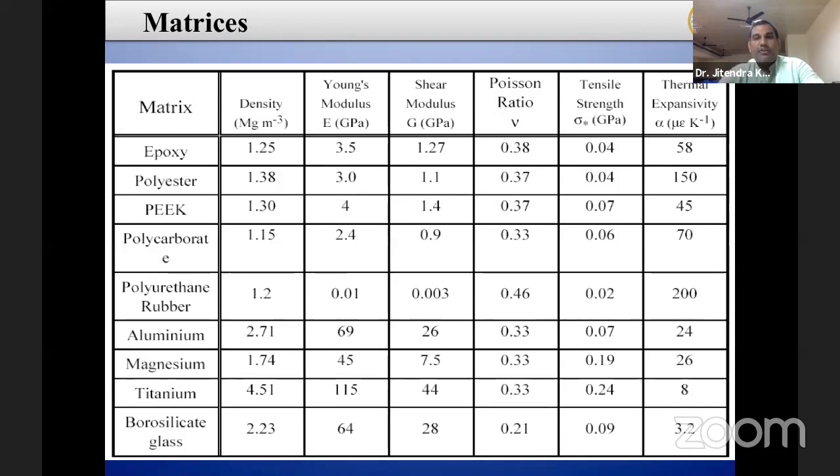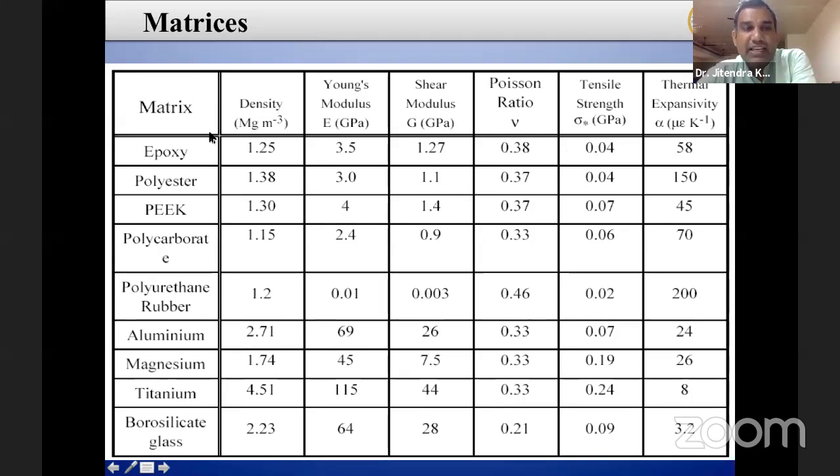So when you fabricate the composite material, according to the matrix, it will be either a polymer matrix composite, PMC, or a metal matrix composite, MMC, or a ceramic based composite. We use these different types of matrix according to our purpose, what application we are focusing on. According to the application, we generally focus on the fabrication of the composite.